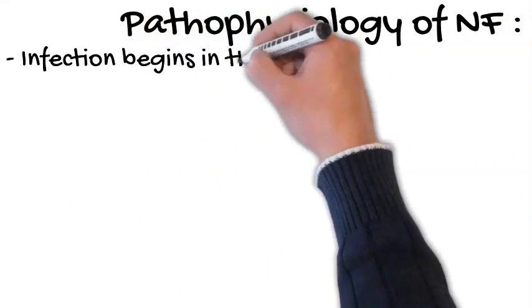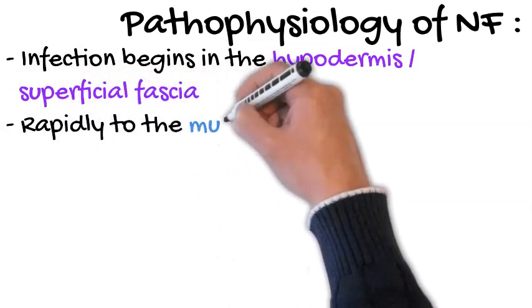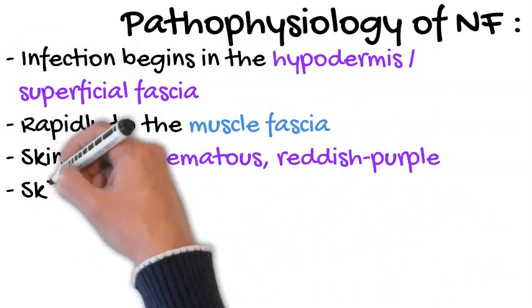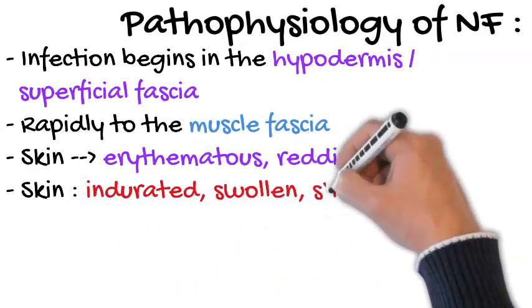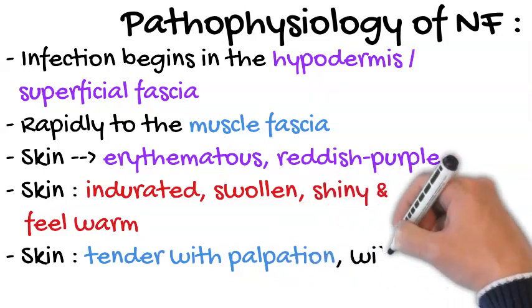Pathophysiology of necrotizing fasciitis. Infection begins in the hypodermis or superficial fascia. Dermis and epidermis not affected in the beginning. The infection rapidly transits the muscle fascia.